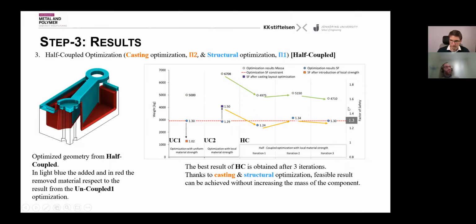I could not estimate how much, but I can tell you that for sure there should be more room to reduce the weight of the casting, always keeping the safety factor and all the structural outputs inside the requirements.